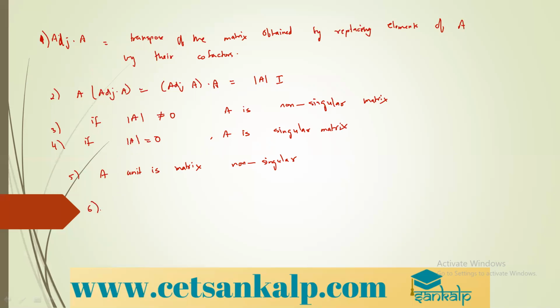Then only square matrices are invertible. That means they have inverses. Suppose if AB is equal to BA equal to I, then B is inverse of A or A is inverse of B, I can say.